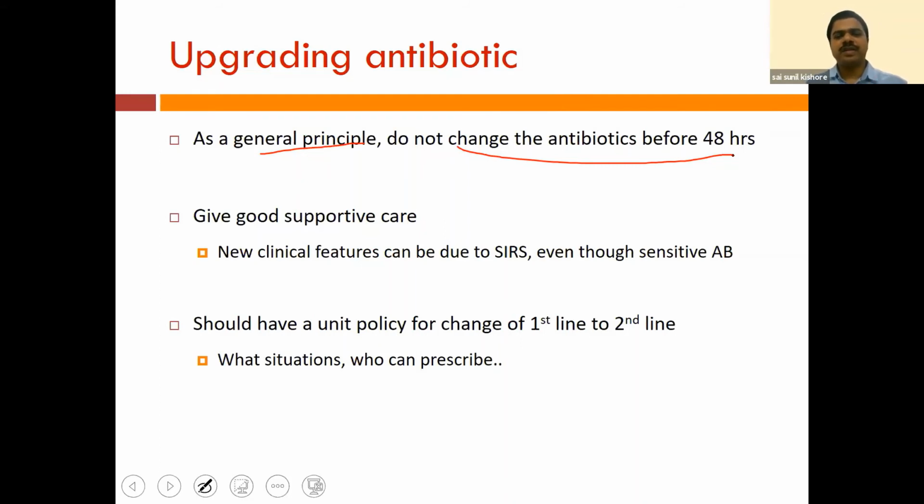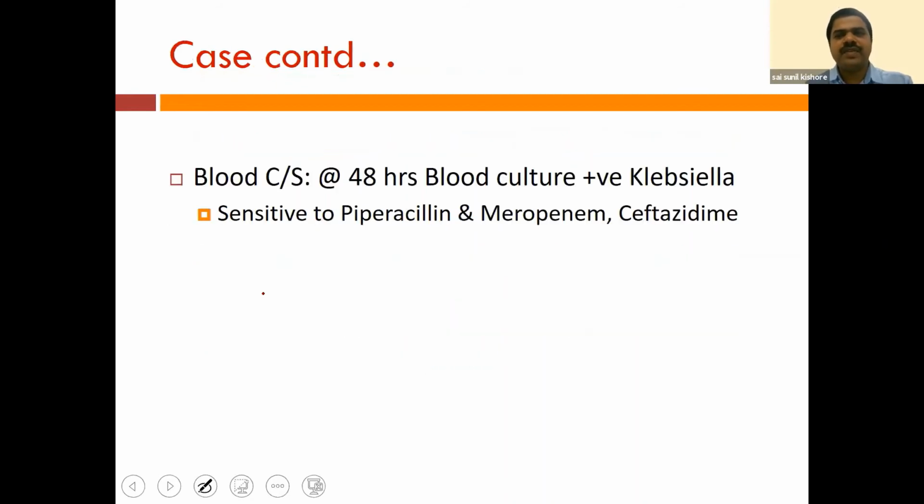All this supportive therapy is important. So don't just hike up the antibiotics. You should also have a unit policy on the situations where you can change from first line to second line and who can prescribe these things. Otherwise, every 12 hours the antibiotics will keep on being changed.